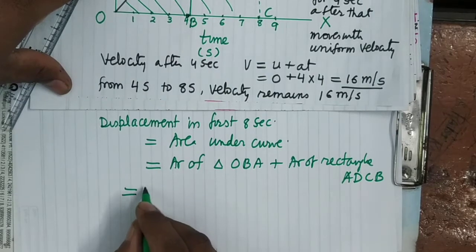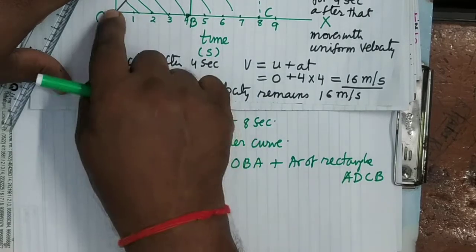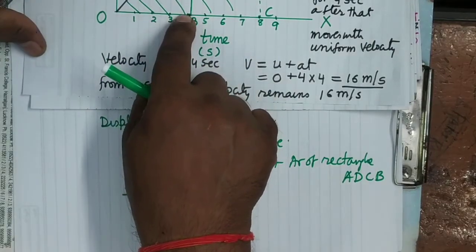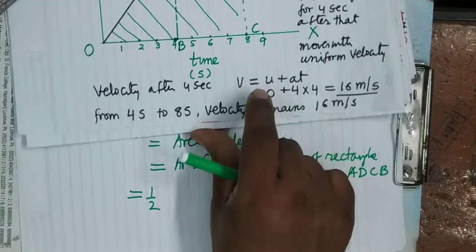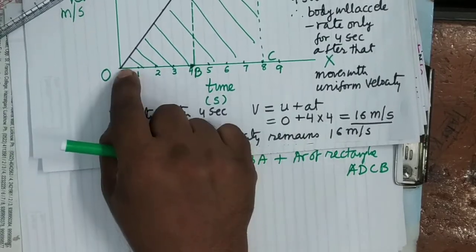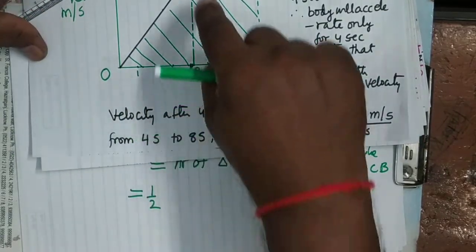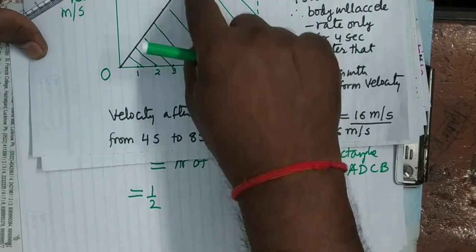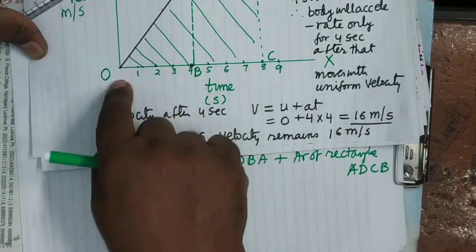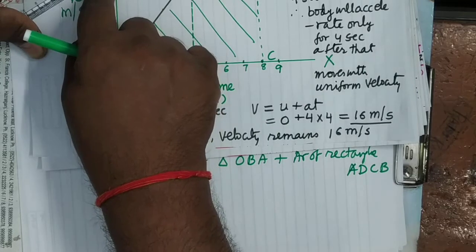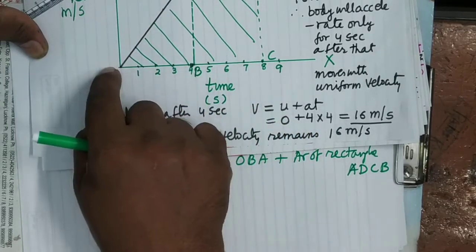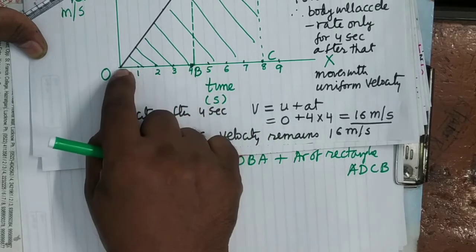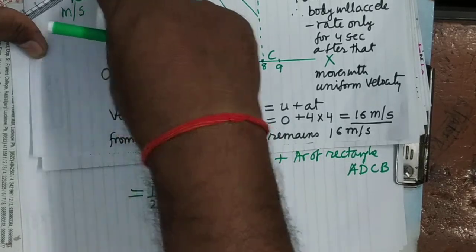1/2, base is along x-axis, so its length you will read along x-axis. It will be equal to from 0 to 4. Height is parallel to y-axis, therefore its length you will read on the y-axis. A corresponds to 16, B corresponds to 0 on y-axis, so this is 16.